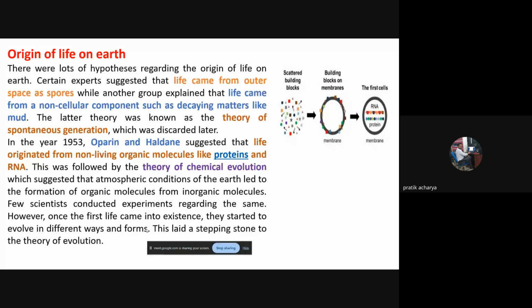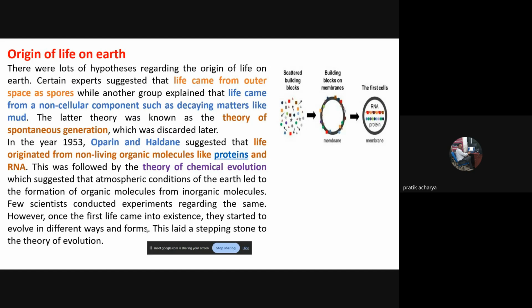That means chemogeny occurs first, then that leads to biogeny, formation of biological substances, biological entities. So chemogeny followed by biogeny. These are the basic ideas for origin of life on Earth.